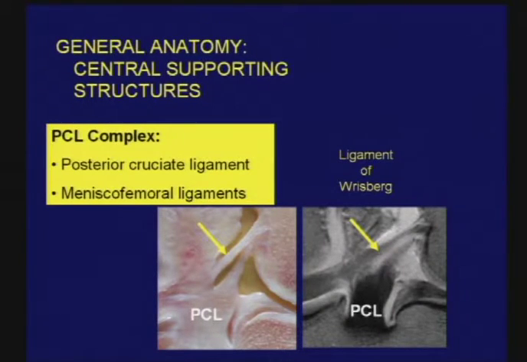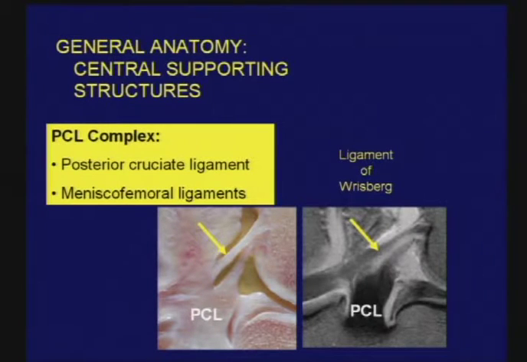The posterior cruciate ligament complex consists of the posterior cruciate ligament and the meniscofemoral ligaments, particularly the ligament of Wrisberg. And it's important to think of these tissues as a complex because, in fact, the meniscofemoral ligaments, particularly that of Wrisberg, serve as small posterior cruciate ligaments. And indeed, following a tear of the posterior cruciate ligament, the presence of a ligament of Wrisberg that is big carries a better prognosis.